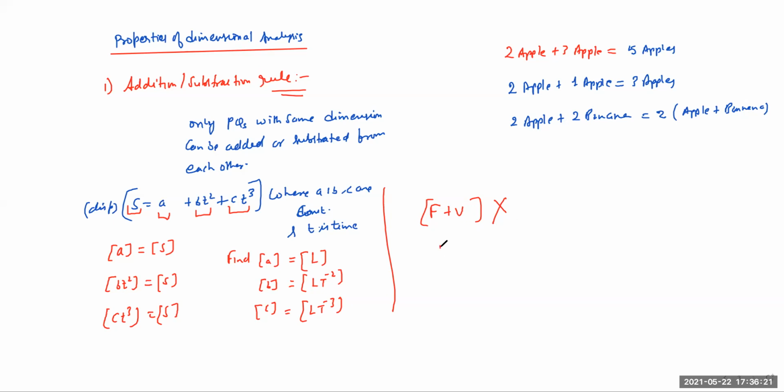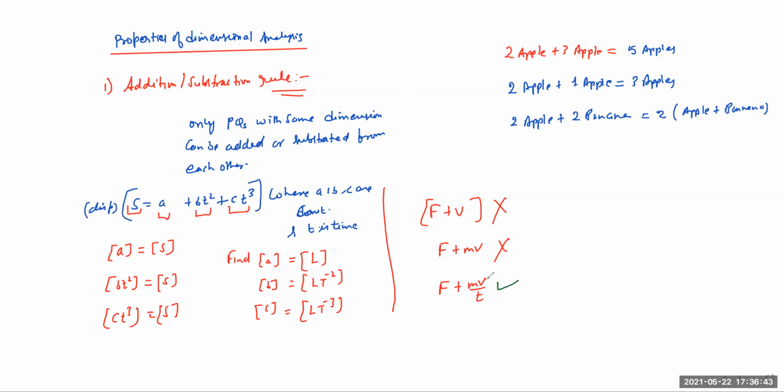Can we add force with the momentum? No, because they are still having different dimension. Can we add mv by t? Yes, this is correct. We can add something like this.